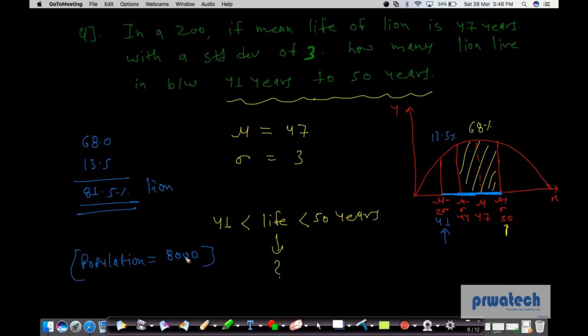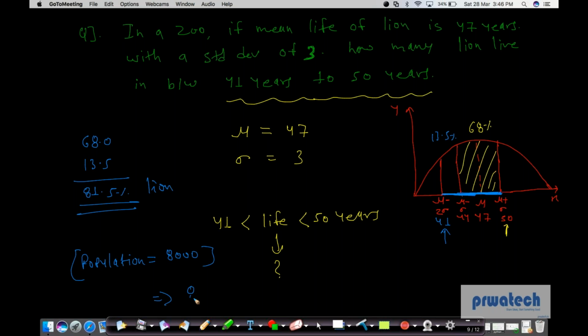I have already calculated that 81.5% of lions live their life between 41 years to 50 years. My second question is, can you tell me the lion number if there are a total of 8,000 lions?